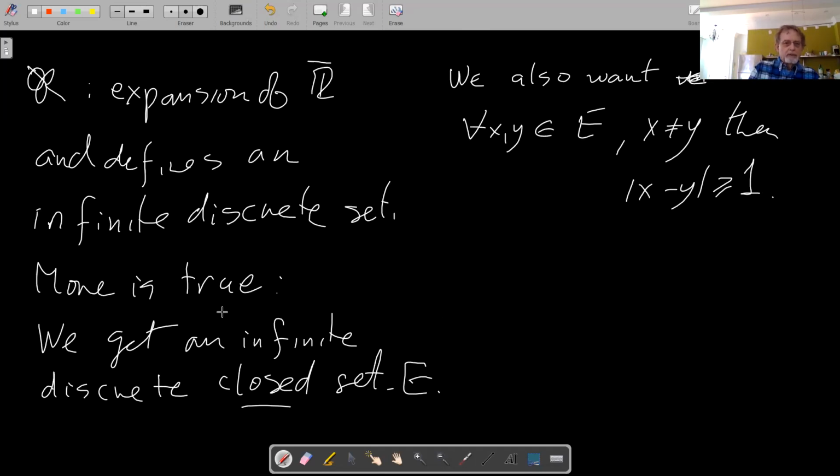Now, I will do some more details of some of these things in the longer class sessions, and I would encourage some of the grad students to think about, particularly, how would you get from here to here? Because the result with Patrick has to be black boxed. But going from infinite discrete to infinite discrete closed is actually quite manageable.